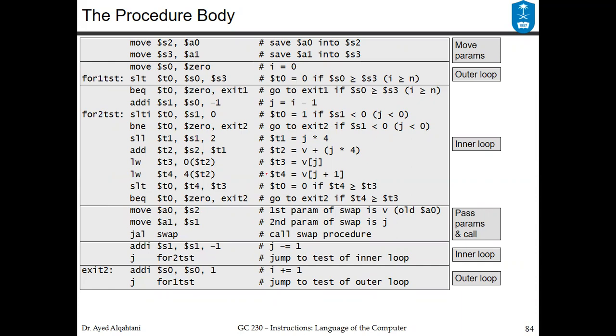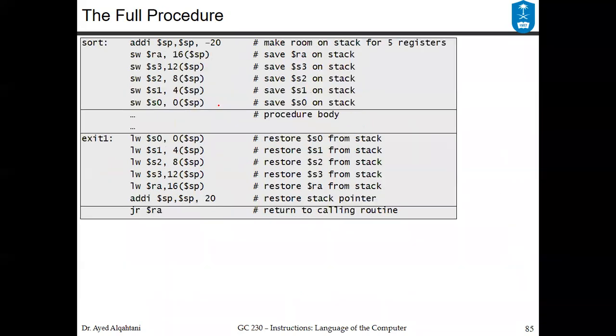Now, similarly, we have exit 2. You can go to exit 2 because the first condition is not satisfied, or because the second condition is not satisfied. You will also go to exit 2. Now, where is exit 1? Exit 1 is actually in the next slide right here.